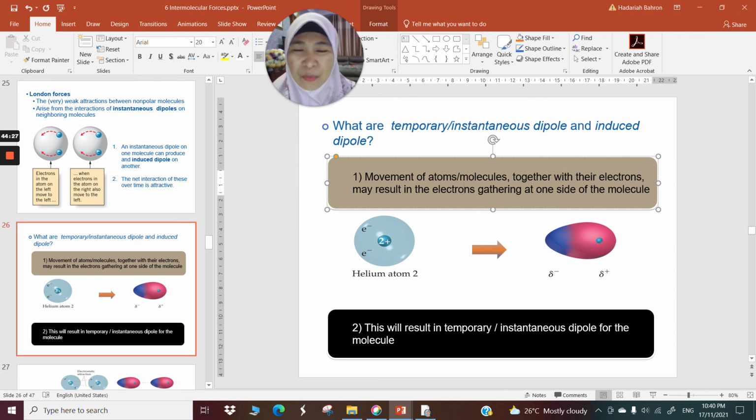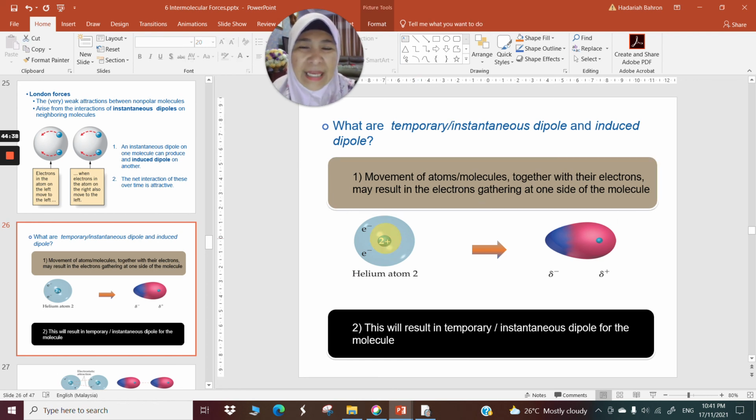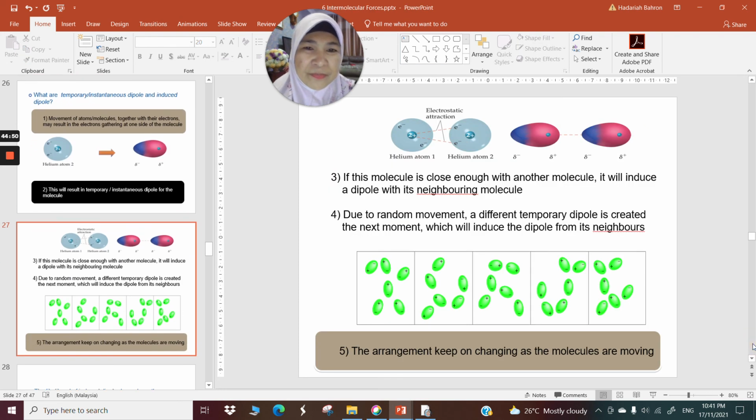Remember that bus that is moving too fast, you get the passengers swaying to the left or to the right. So that's happening. Helium ideally will not have any dipole, but due to a gathering of electrons on one end, you're going to have a temporary dipole moment for helium.